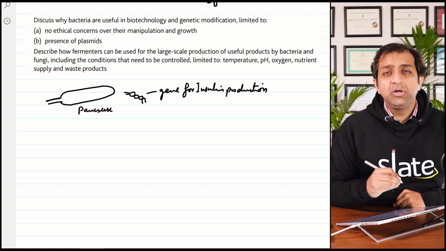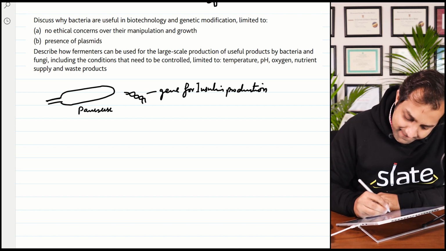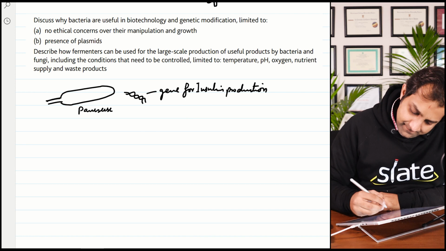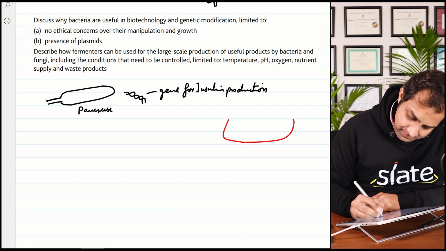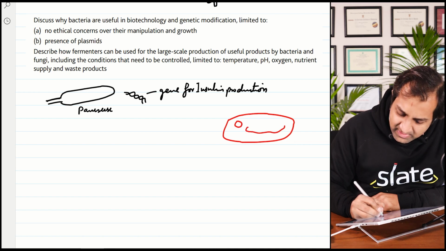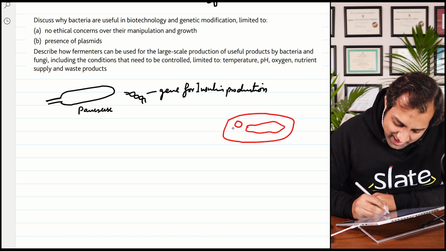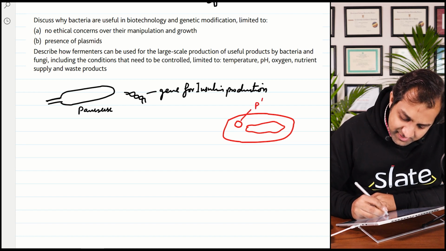Now, cutting a long story short, what we do is we take a bacteria, and we know there are plasmids inside the bacteria. Apart from the large circular DNA that is present inside bacteria, we have plasmids. So this one is a plasmid.